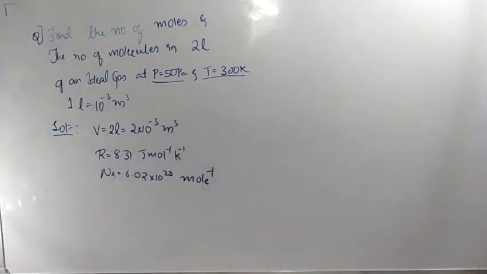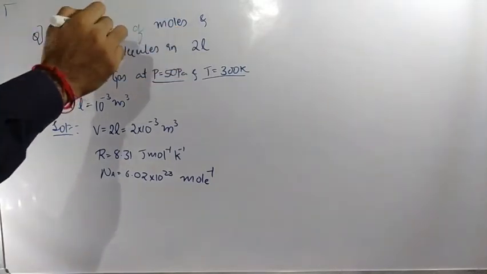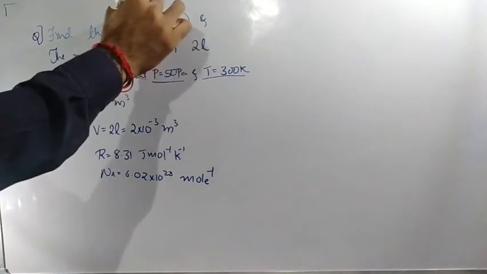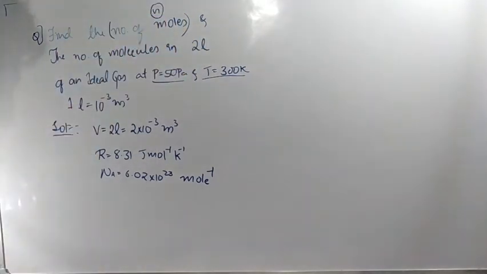Okay. Which formula can we apply now here? What are they asking? Number of moles. N value they are asking in our question. Can you see that clearly? Now, by which formula can we calculate N value?